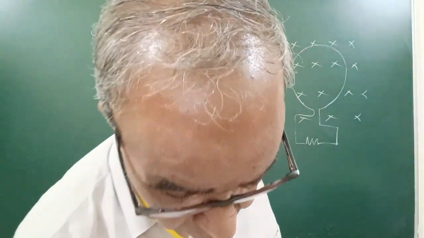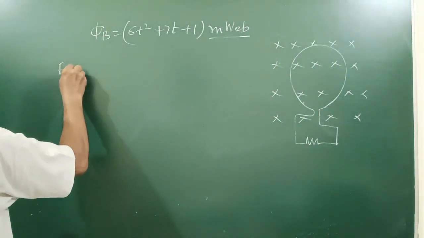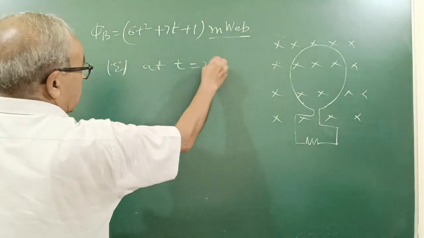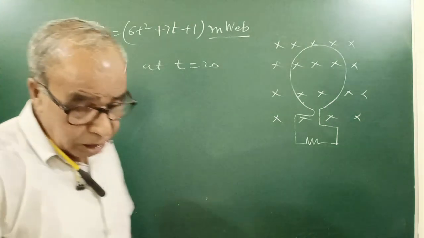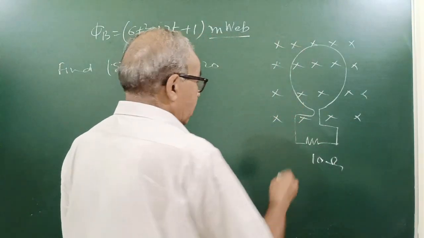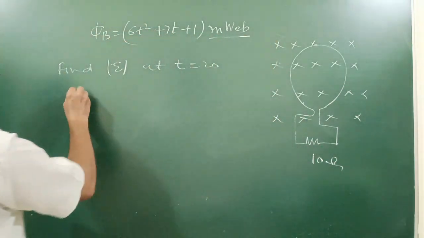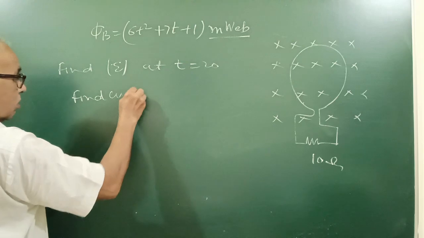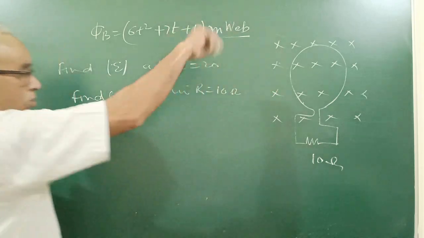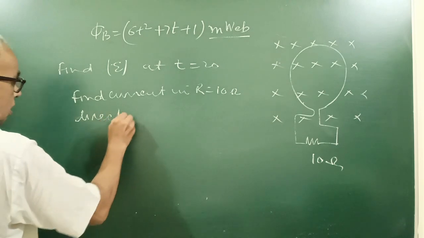Find the magnitude of the induced EMF in the coil at t equal to 2 seconds. Find modulus E at t equal to 2 seconds. If the resistance is 10 ohm, find the current in the whole circuit, and the direction of current.